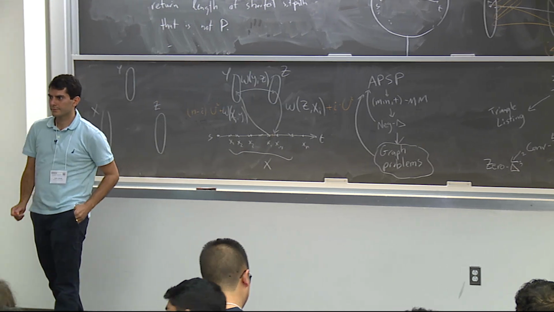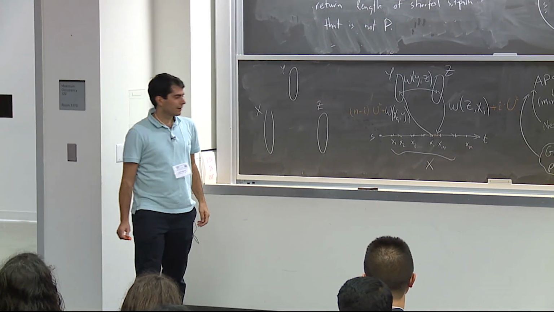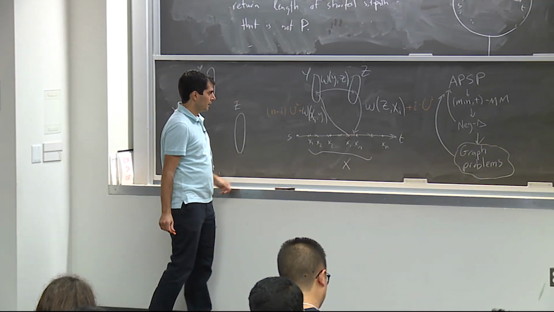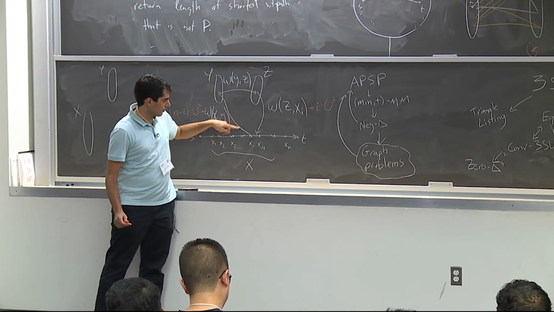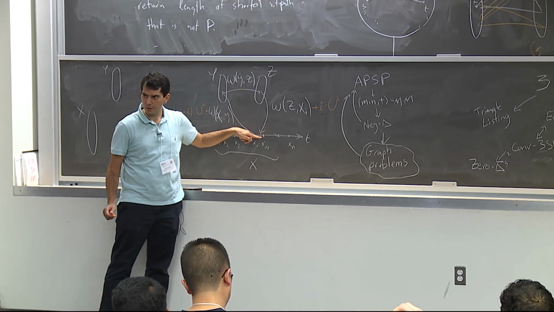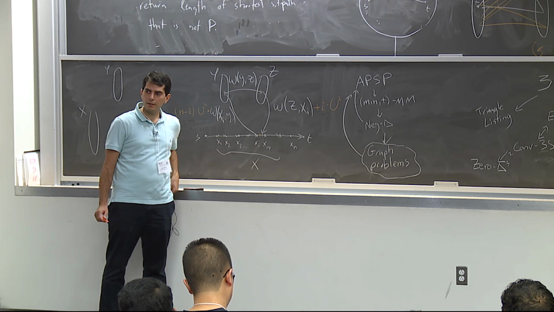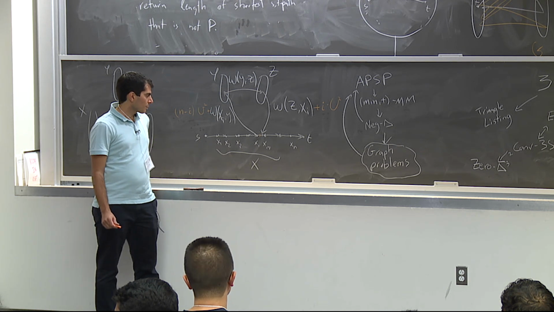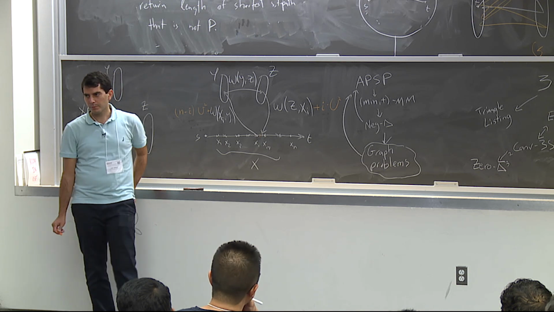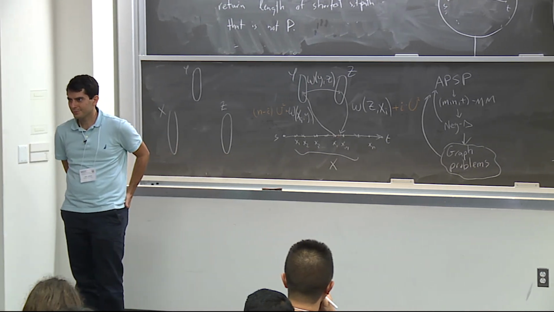Why can't you come back even earlier? So coming back earlier and then going like this? It would be a path. It has to be a simple path. Yeah, it has to be a simple path.